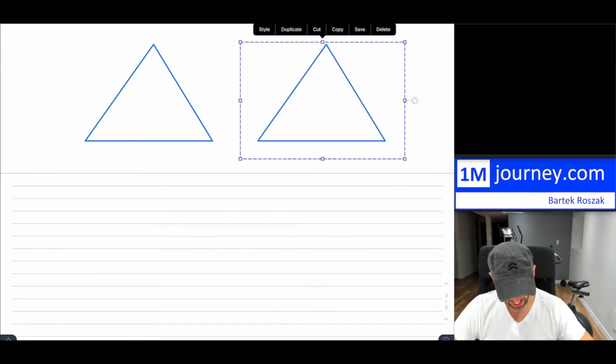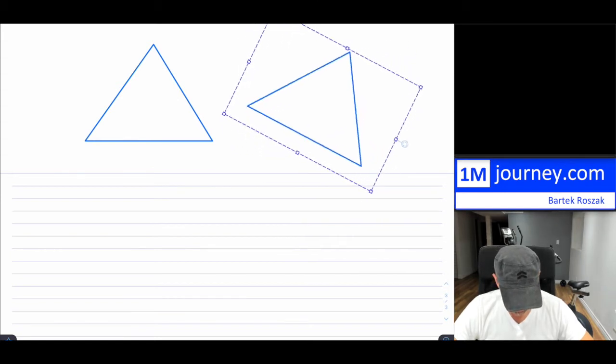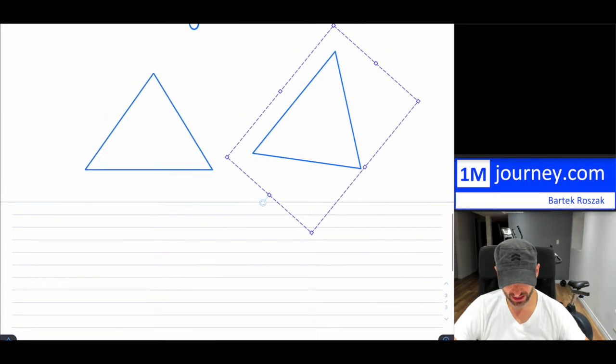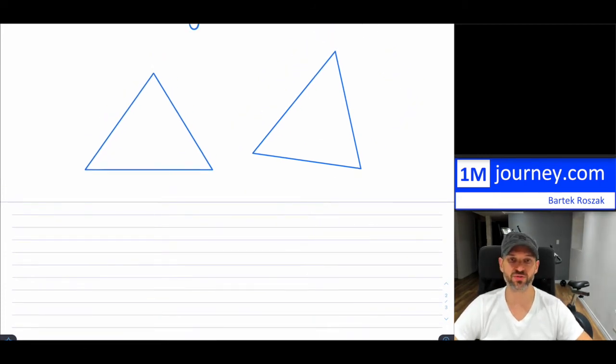But oftentimes what happens is, you can start rotating these around. These are still the same triangles. These ones are congruent. It's just one has been rotated. But you can relate back all the angles and then all the sides, and you'll notice that they're the same. So that's congruency.